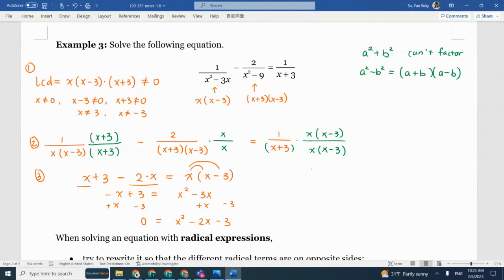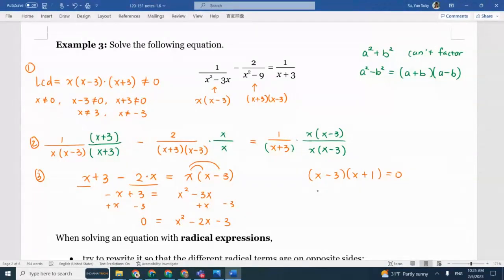Now, can we factor it? How can you factor it? What are factors of x squared? x and x, right? What are factors of -3? -3 and 1. Yeah, very good. Yes, everybody? This problem is also easy.